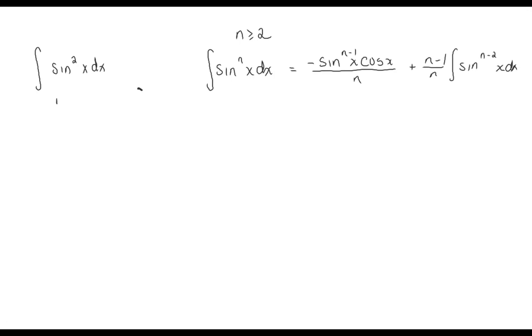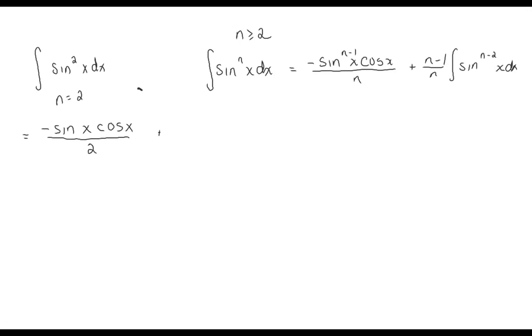Our n value is 2. So everywhere we see an n, we're going to plug in n equals 2. 2 minus 1 is 1. So minus sine to the first power of x times cosine x over n, over 2.